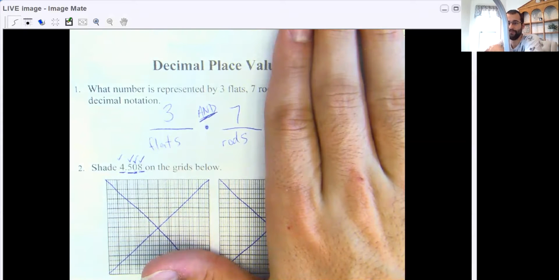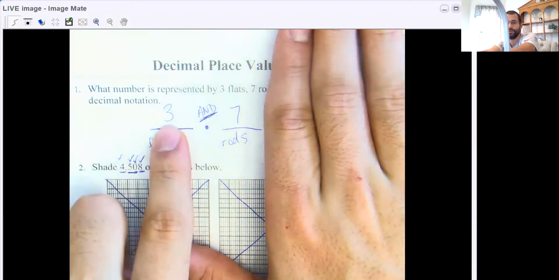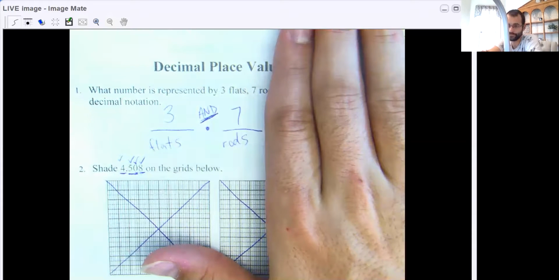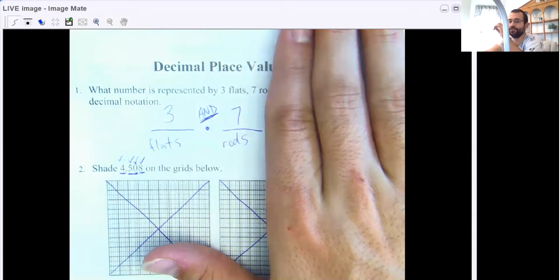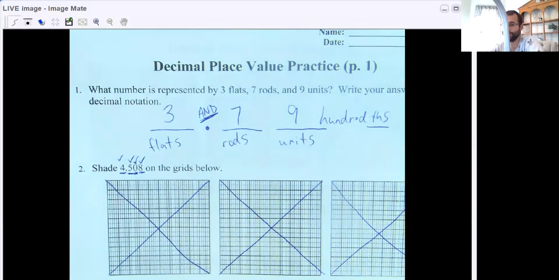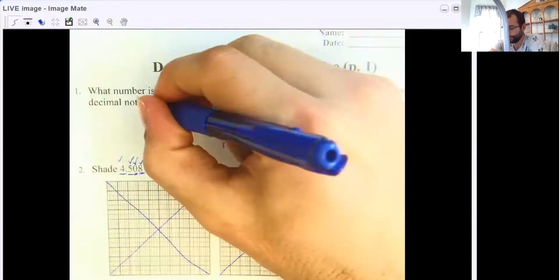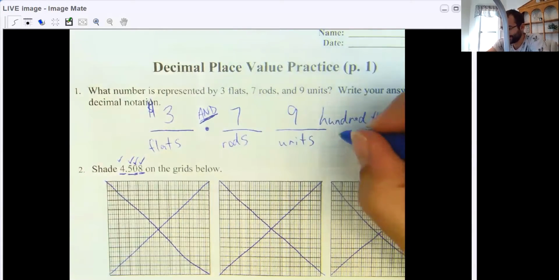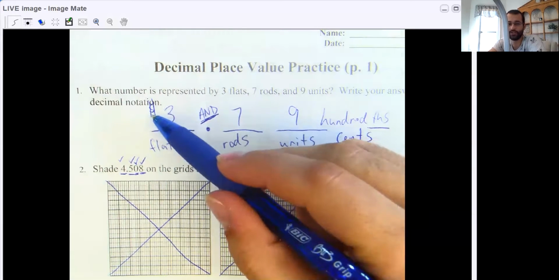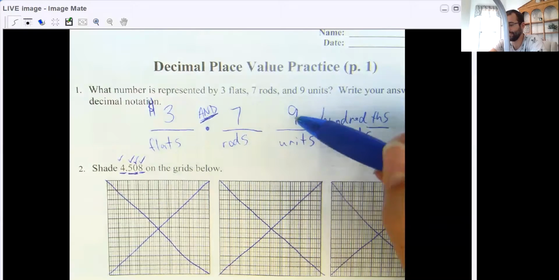This problem would then be 3 and 7 tenths, because it only goes to the first decimal place after the decimal. But since I go 2 decimal places, it goes to hundredths. Or if you wanted to say it in money, you could say $3.79.